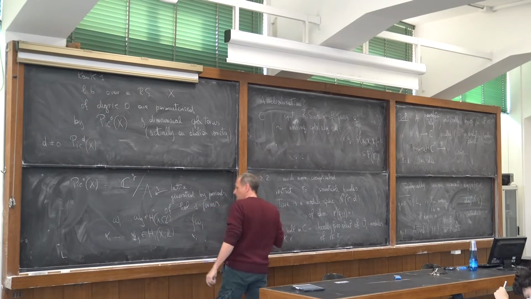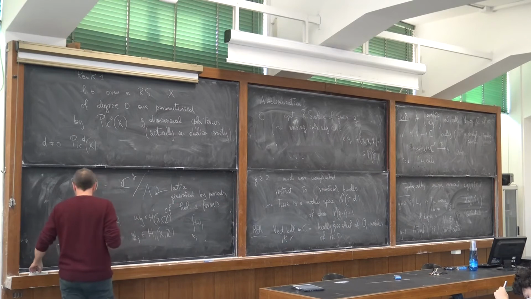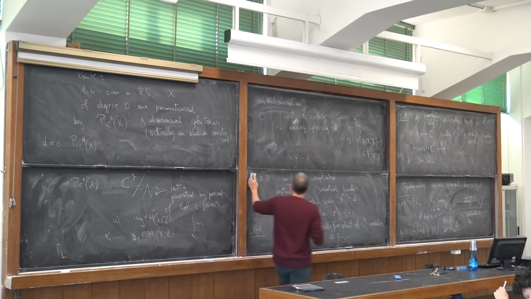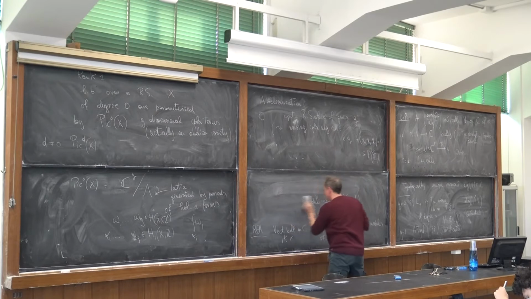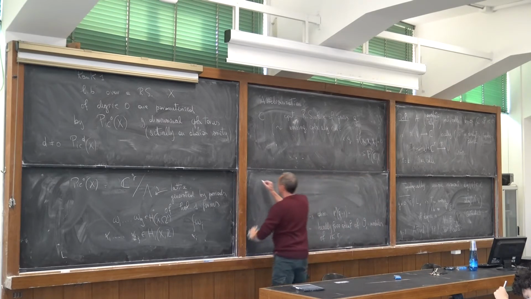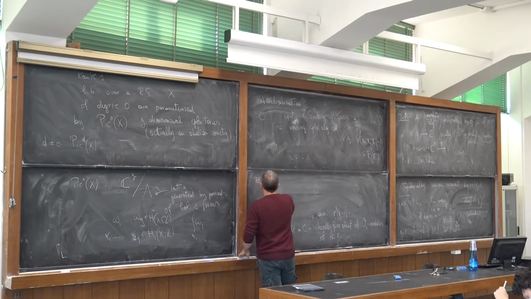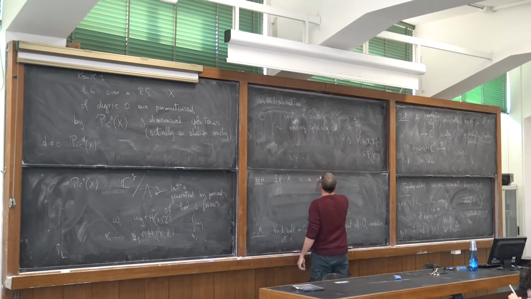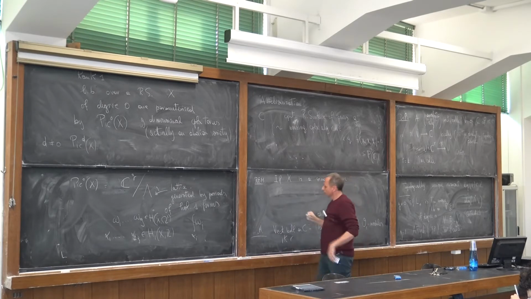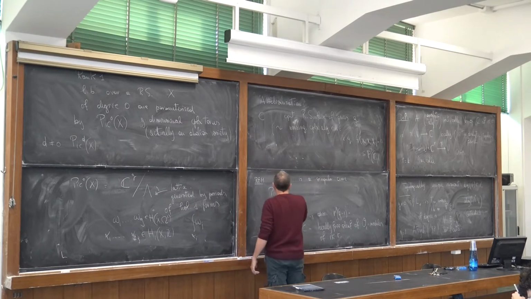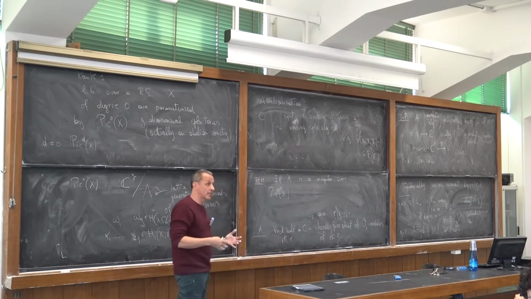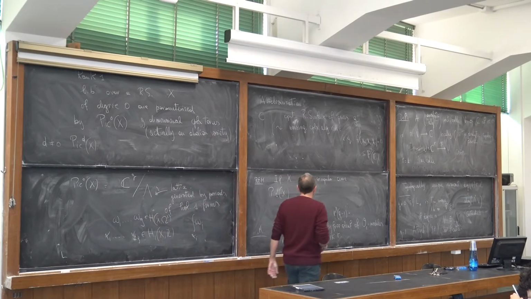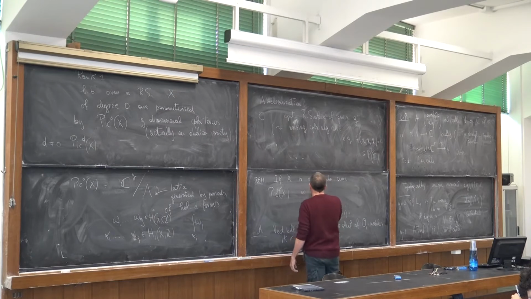Let me also remind you, since I will need it soon, that if X is a singular curve, you still have an algebraic group parameterizing degree 0 line bundles, but this is no longer compact.